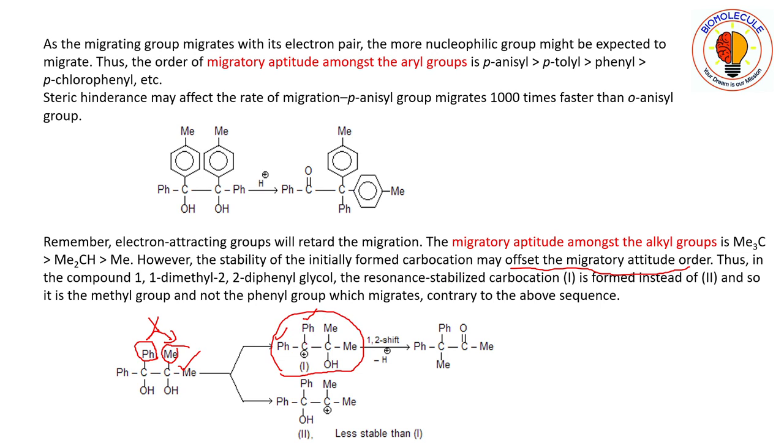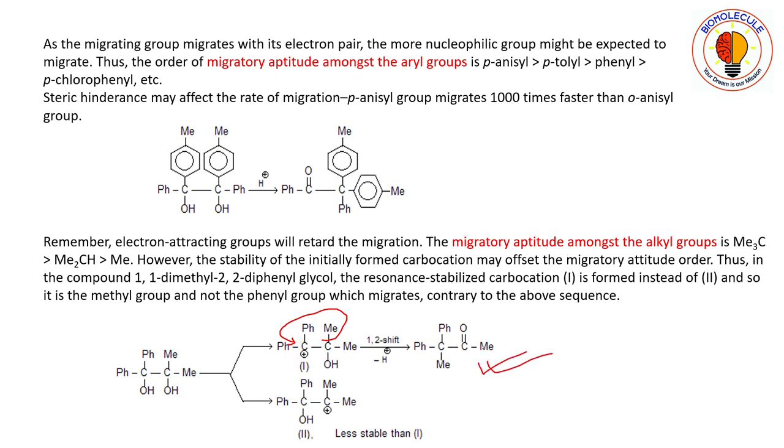Why? Because the carbocation on this carbon is much more stable. Thus in this compound, the resonance stabilized carbocation 1 is formed instead of 2, and so it is the methyl group, not the phenyl group, which migrates, contrary to the above sequence. After forming this carbocation, this methyl group migrates over this carbocation to give us the final product.